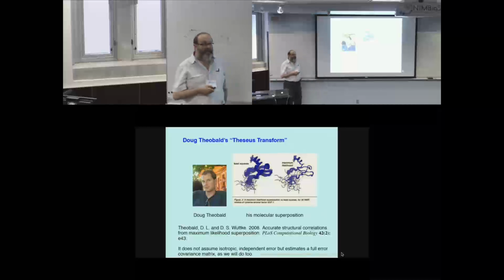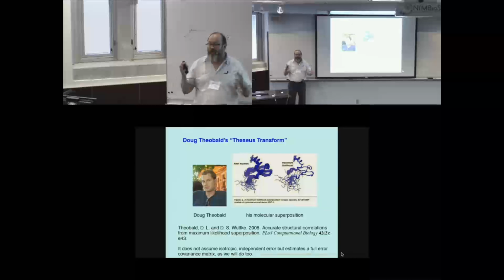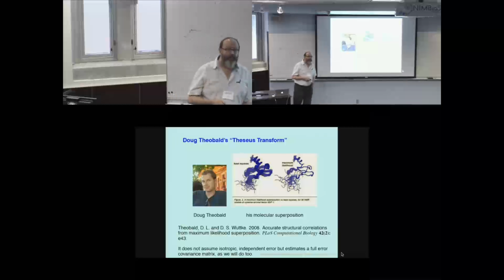His method will estimate that the covariances down there are big, the variances are big, and it will try less hard to superpose down there because it will say, well, we don't have as much penalty for not superposing because we know that's an area that's very fuzzy, that has a lot of change between molecules.